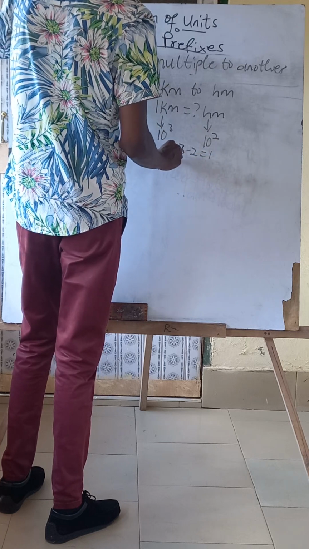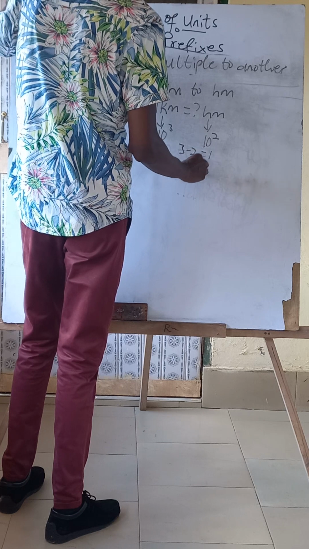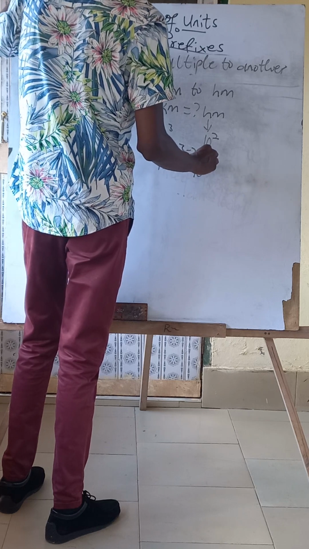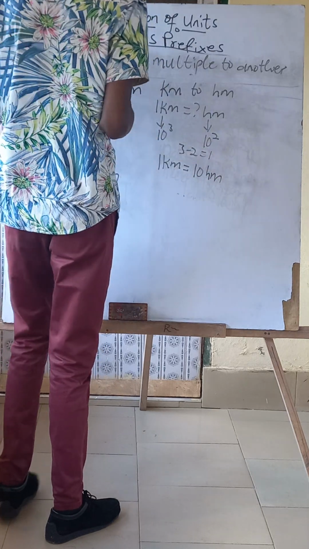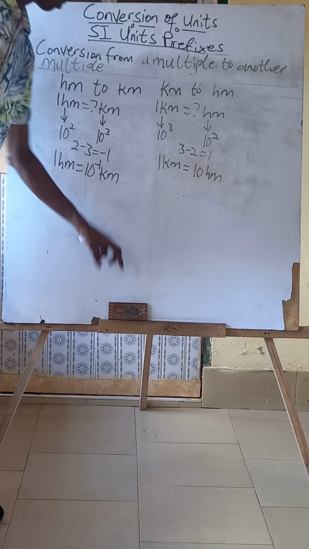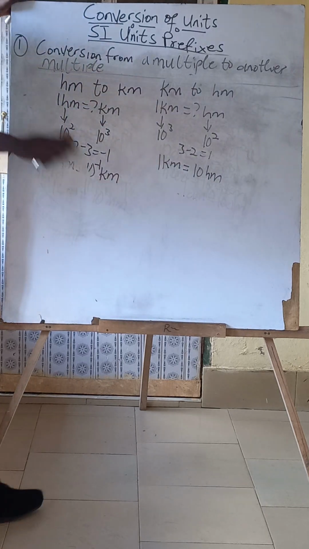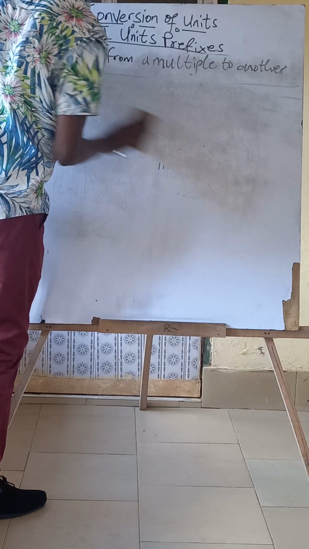So 1 kilometer is equivalent to 10 raised to the power 1 hectometer, which is the same as 10. So 1 kilometer is equivalent to 10 hectometers. So that is that. Let us consider one last thing, and I bring this lesson to a close.